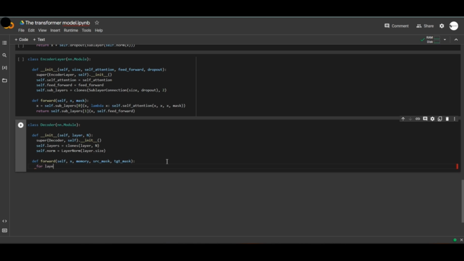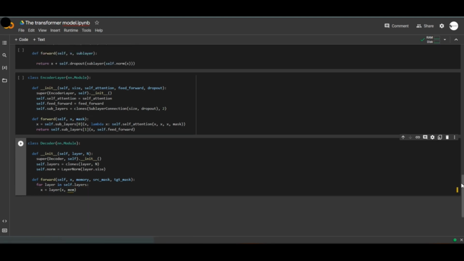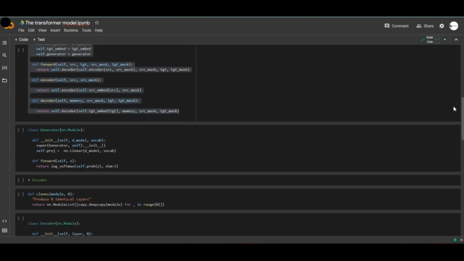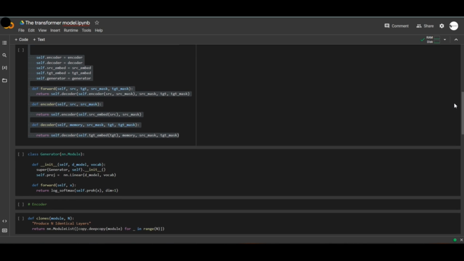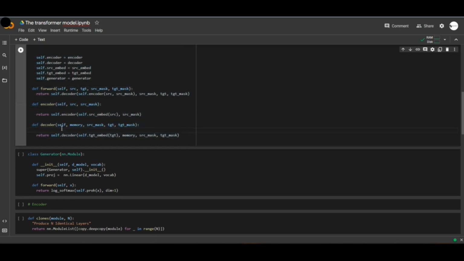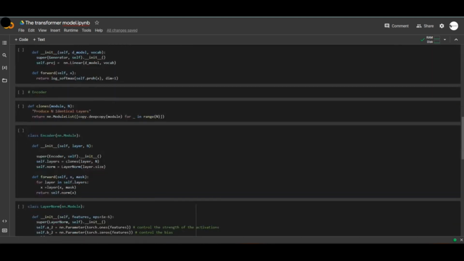So I'm going to say for layer in self.layers, because we did clone this multiple times. We're going to say x equals layer, then we pass in the x. Let's go up. We still remember this code right here. We had memory, source mask, target, and target mask when we started.